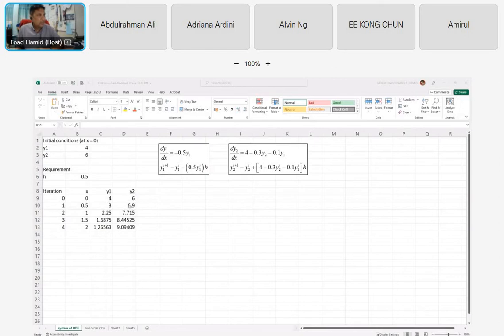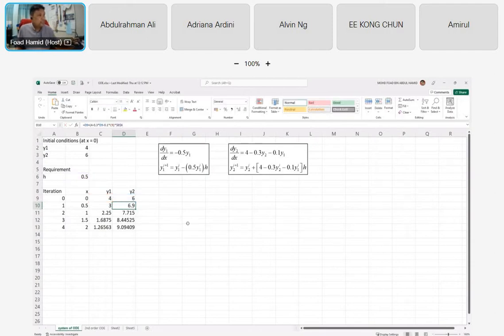To calculate y2, we need not only the initial condition of y2, but also that of y1. If you look at the formula, it requires this and this. I made it simple because I use Excel in this case.